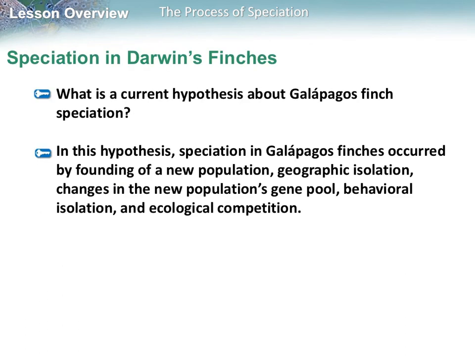The current hypothesis about Galapagos finch speciation showed that speciation in Galapagos finches occurred by a founding of a new population, then geographic isolation, changes in the gene pool, behavioral isolation, and competition.